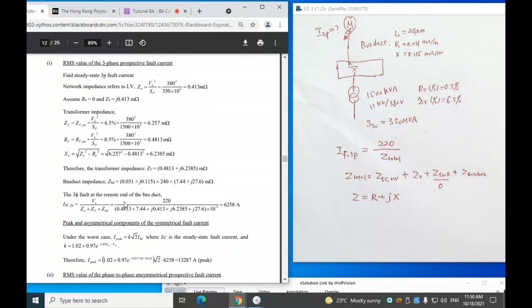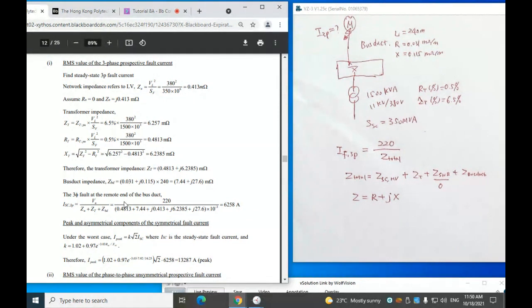Here we are talking about the fault current at the remote end. But in the lecture, I said we need to find out the maximum fault current in the circuit. The maximum fault current certainly is a 3-phase fault current. But remember, when we're talking about the maximum fault current, the impedance should be the least, right?